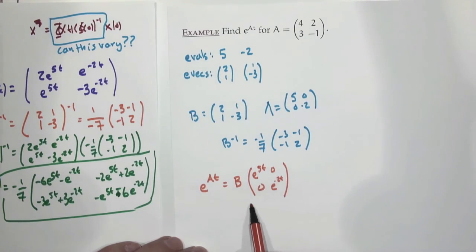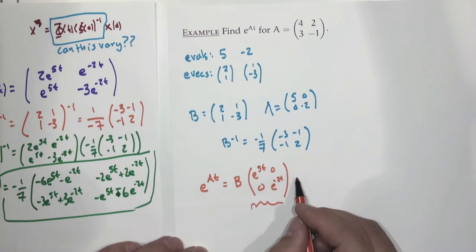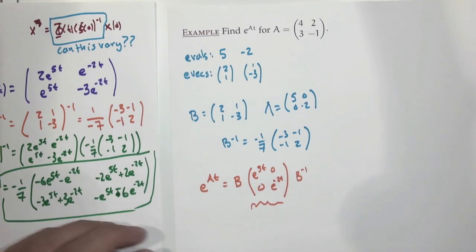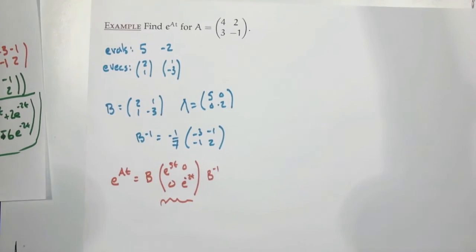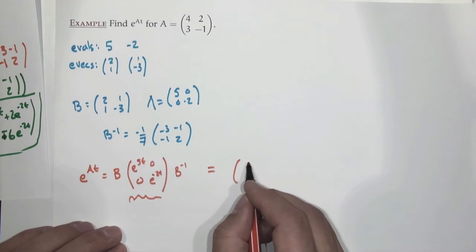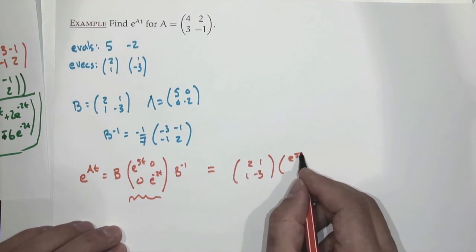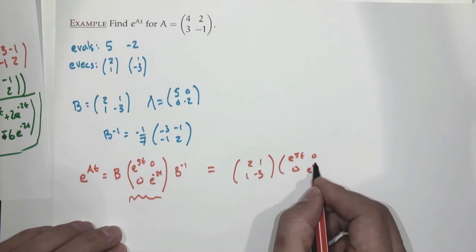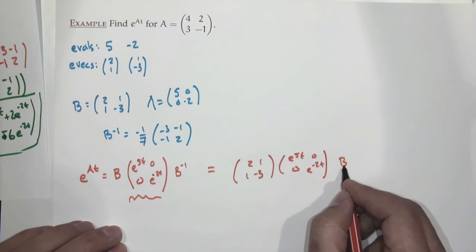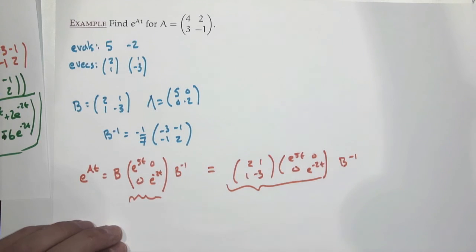This is the part where you have to remember I'm taking e to the lambda 1 t, e to the lambda 2 t, times B inverse. Okay, well, B is [2, 1; 1, -3], then e to the 5t, 0, 0, e to the minus 2t, then B inverse, which I'll write out in a second, but the point is I want to do this computation.